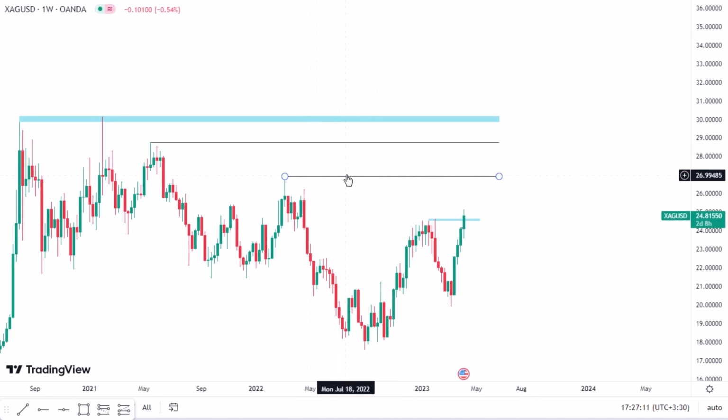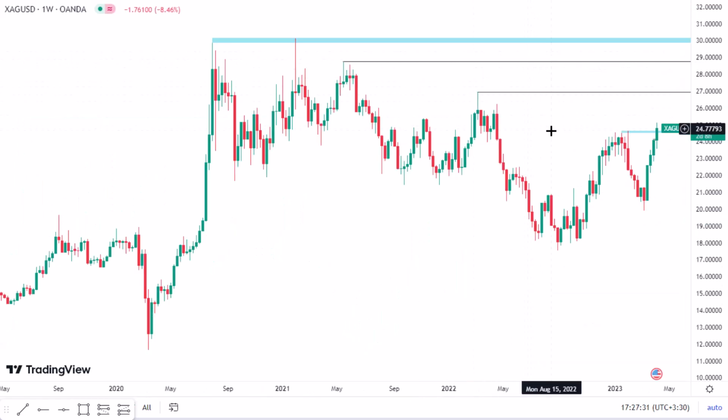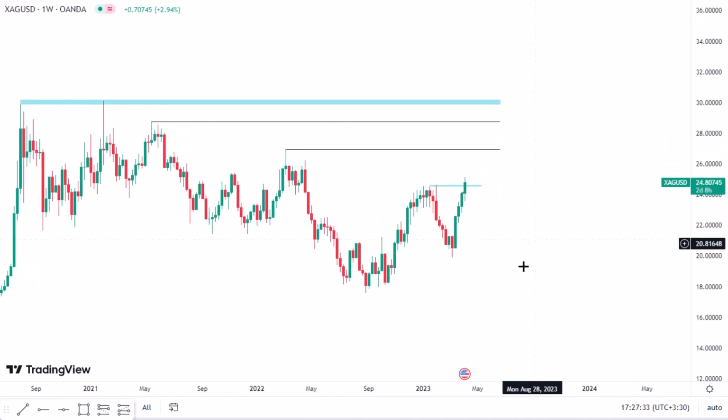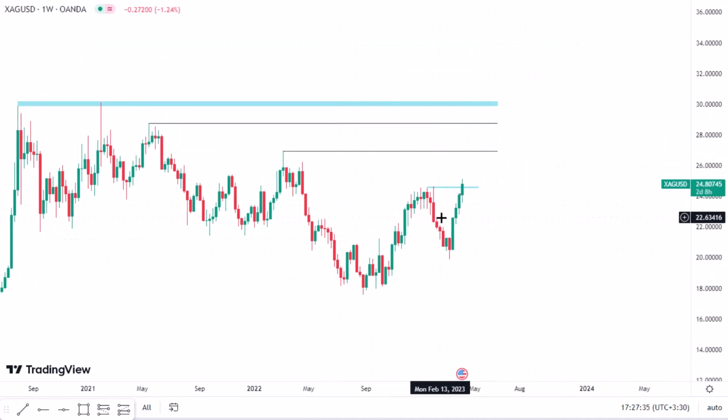One of the major ones is on 27, the other one is on 28.76. The other resistance, which is the most important one, is 29.8 until 30.2. These are the most important resistances in front of the price in weekly time frame.